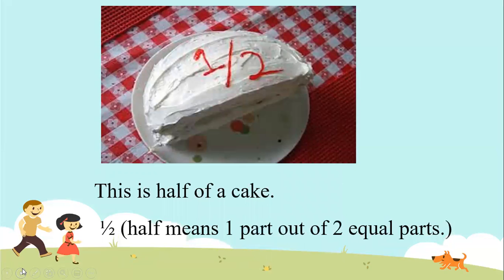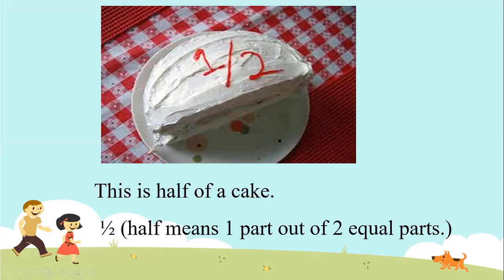Now, this is half of a cake. Half means one part out of two equal parts.